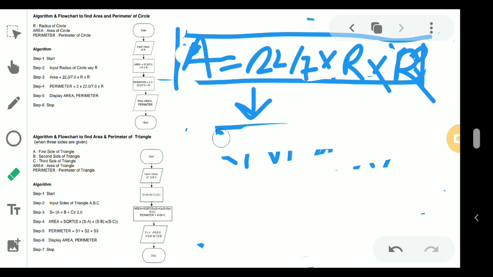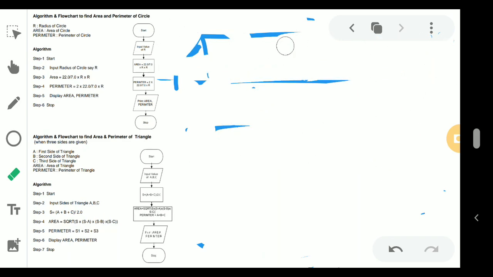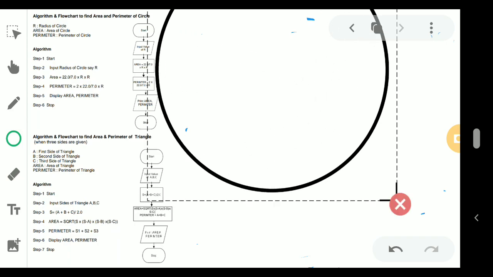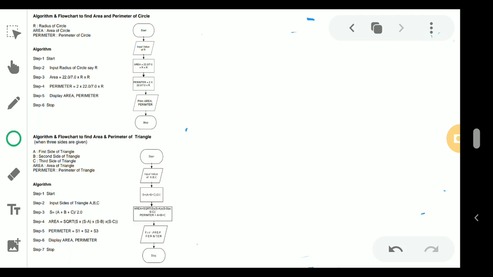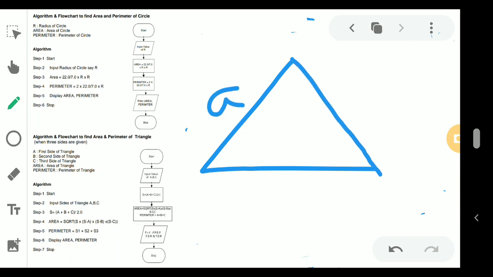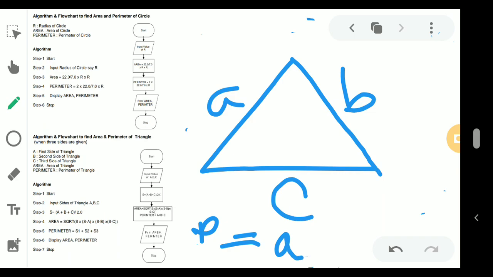If you consider this triangle, ABC, and try to find the perimeter, the formula is the sum of all three sides, that is A plus B plus C. So this is the perimeter formula.